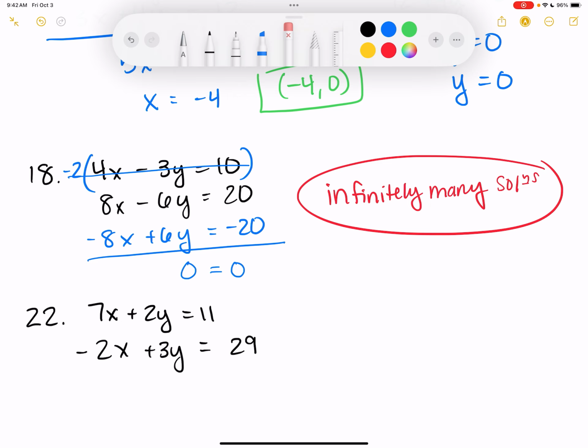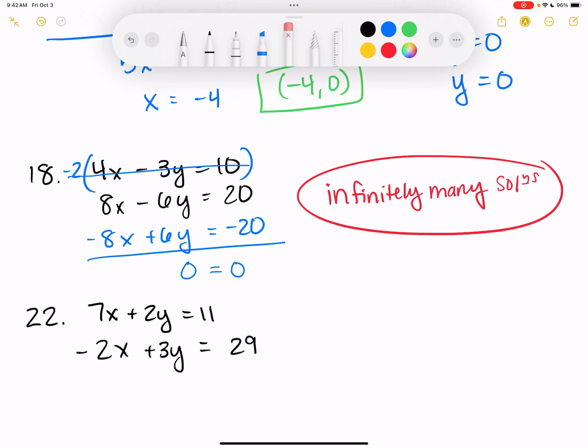But is there anything that I can multiply one of them by to make it look like the other one? No. Without a fraction, which is going to be a pain, so we're not going to do that. So that means I'm going to need to multiply both equations by something. The foolproof method is to take and multiply, like so.